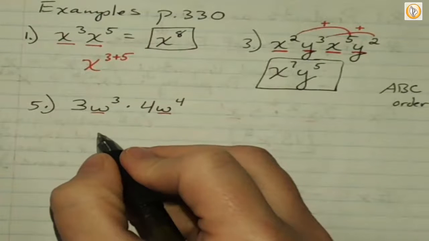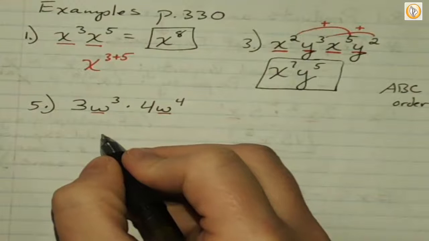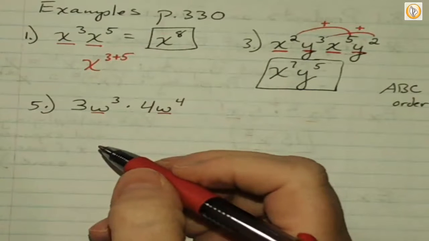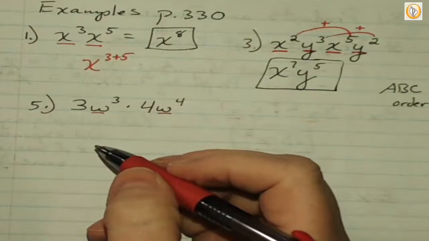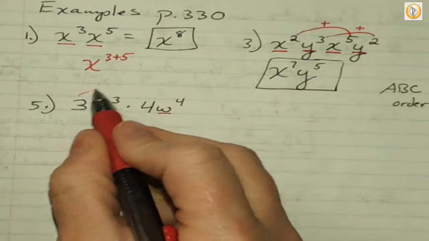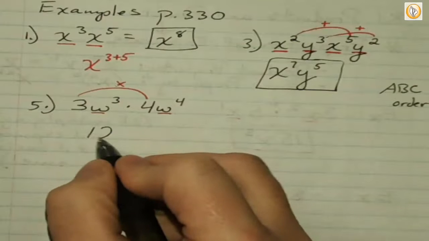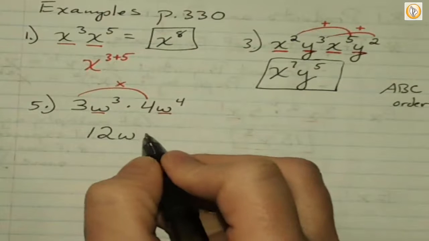And then you multiply the 3 and the 4, and you'd get 12. 12 w to the what power?